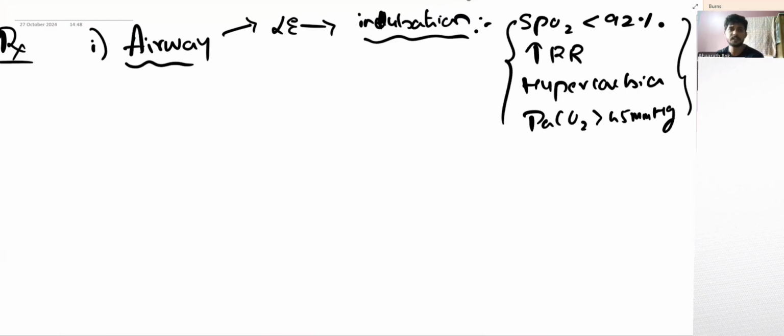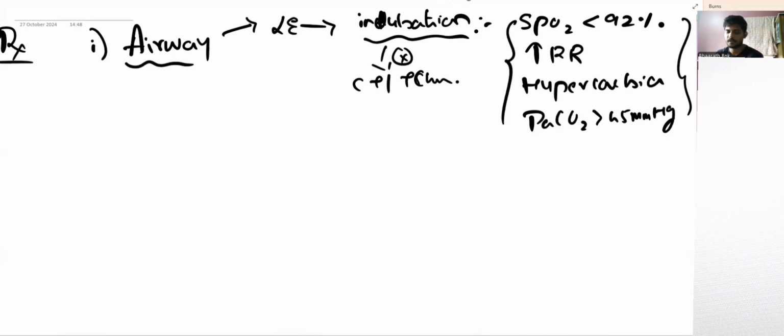If laryngeal edema has already set in and intubation is difficult or not possible, you go with cricothyroidotomy or tracheostomy for these patients. If not, then unless this criteria is met, try not to intubate the patient. I'll tell the reason later why.